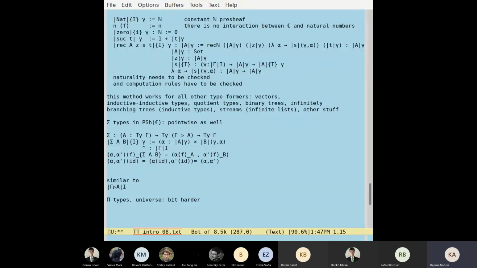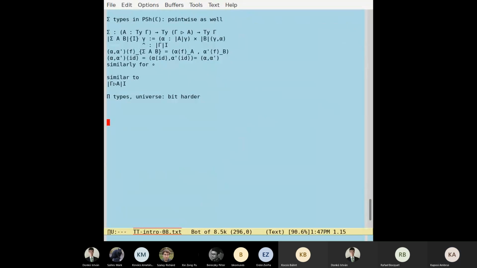And similarly for composition: the composition law says restriction by a composition is the same as two restrictions. It holds for A and holds for B, then it holds for sigma AB. Okay, so this is how my presheaf model has sigma types.